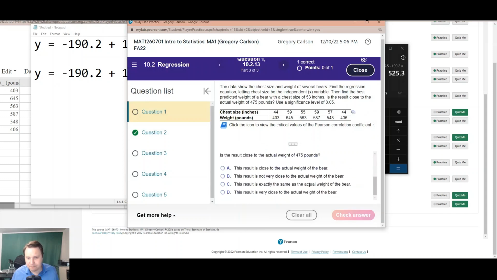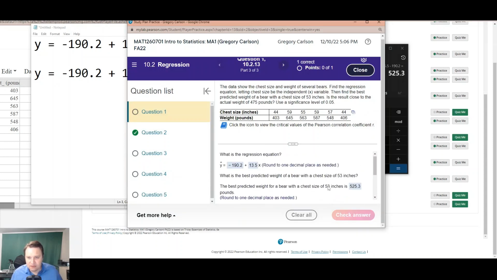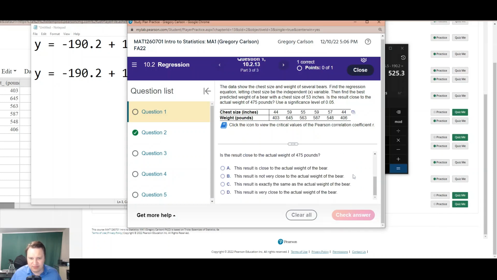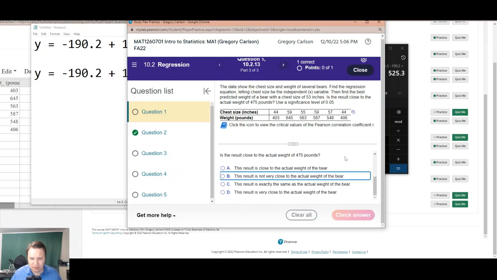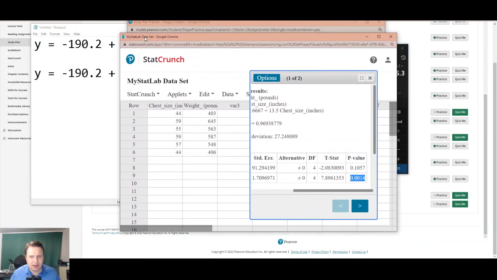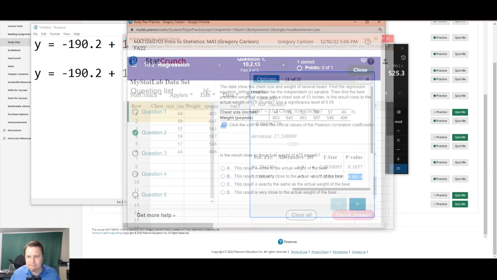Fantastic. So the question now is, if a bear had a chest size of 53 inches, we would predict its weight to be 525. So if the actual bear weighed 475, is that close? That's a really confusing question because I don't know how they define close.